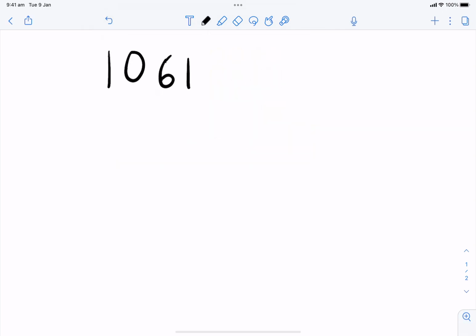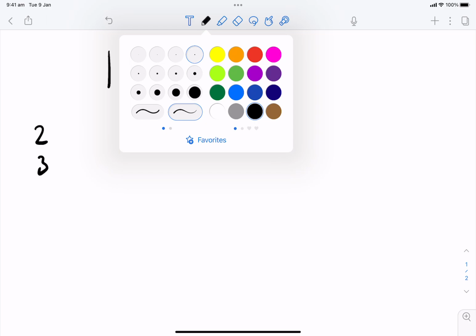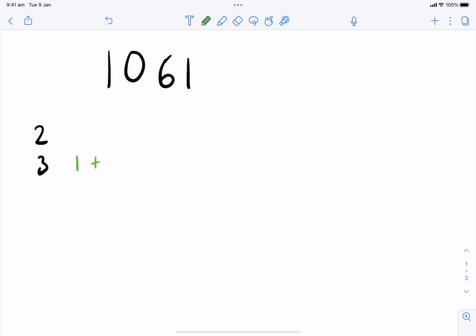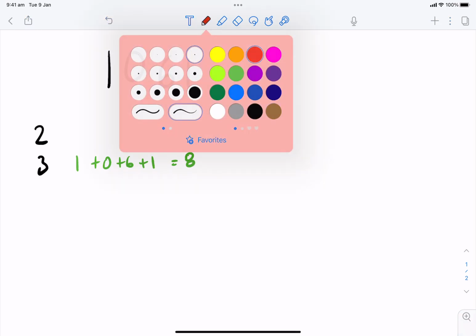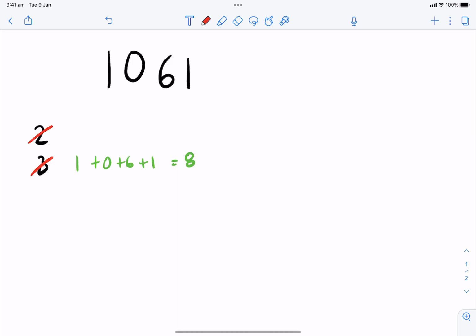Now the first thing I'd usually do is check the small numbers with divisibility tests. So I know it's not divisible by 2 because it's not even. For 3, using my divisibility test, 1 plus 0 plus 6 plus 1 equals 8, which is not divisible by 3, so I can rule out 3 as well.